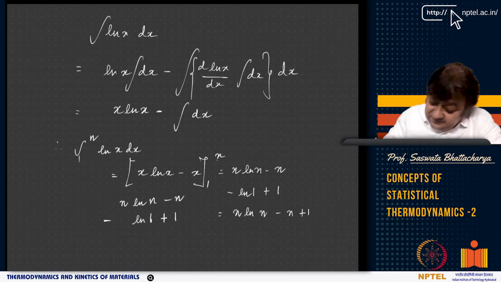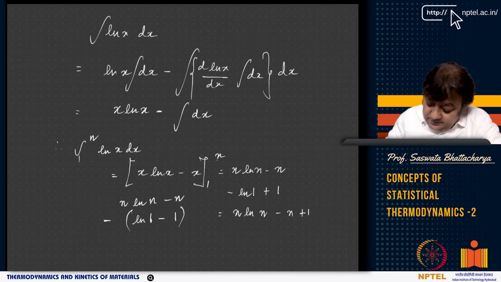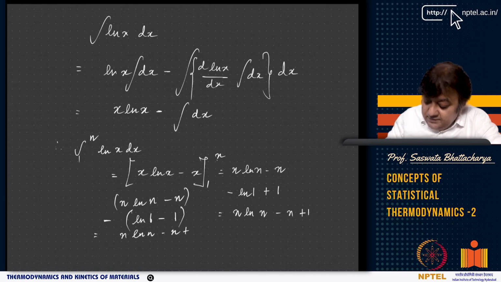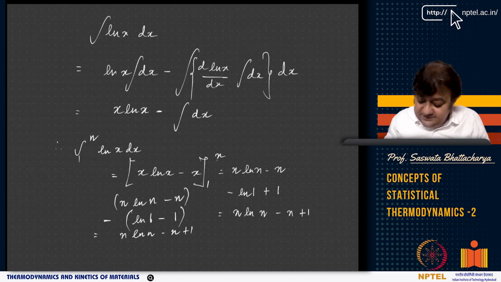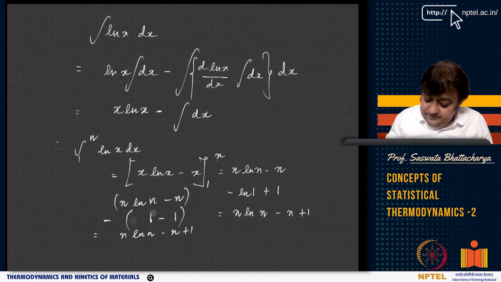Or you can write it this way first: ln 1 minus 1, which is equal to n ln n minus n plus 1, right? So basically ln of n factorial is n ln n minus n plus 1. Remember that.